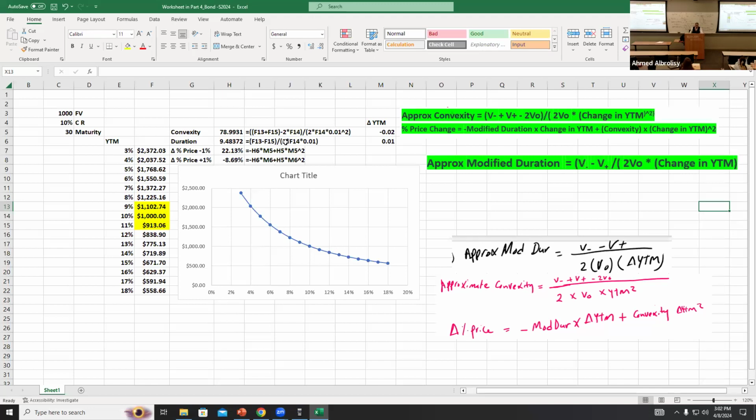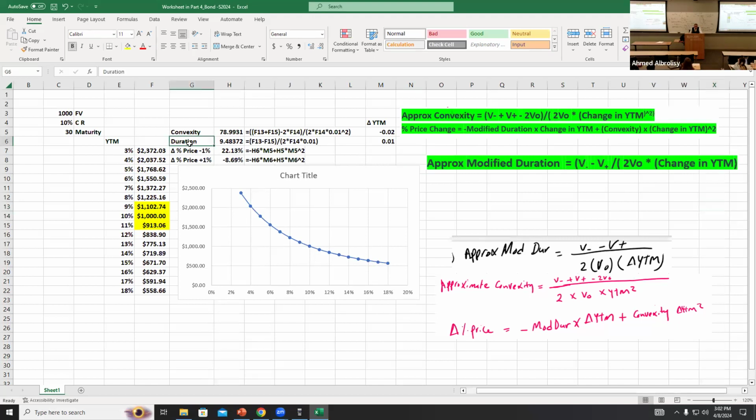I'm drawing the relationship between yield to maturity when the interest rate changes, and I'm drawing a graph for it. And again, you can see obviously here it's based on convexity, and the relationship is convex. Then how do we calculate the approximated duration and the approximated convexity? These are the formulas I'm using.